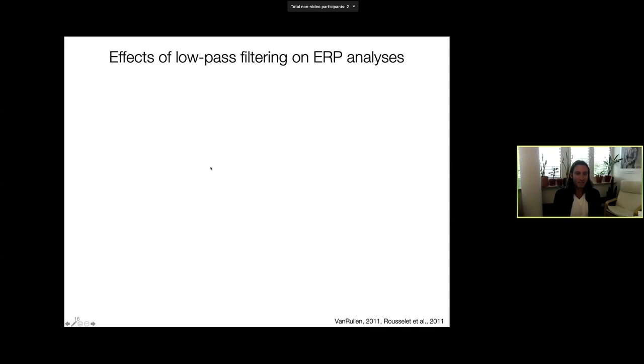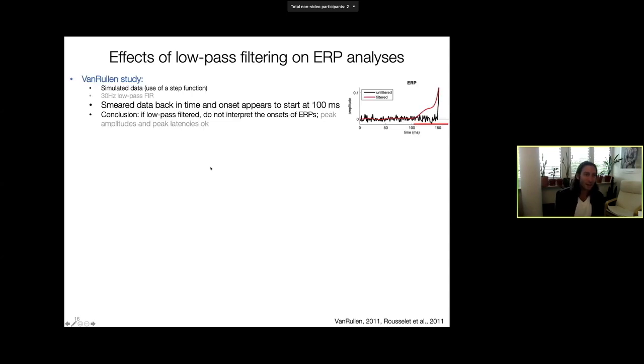There is a famous, very often cited study by von Ruhlen. He used simulated data showing an ERP component 150 milliseconds after the stimulus was presented, here in black. Then he applied a 30 hertz low-pass filter.